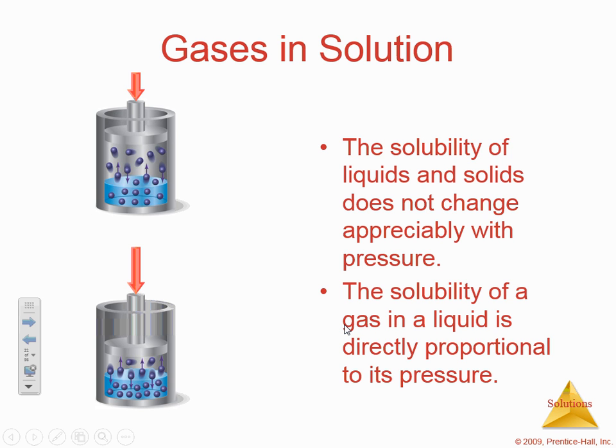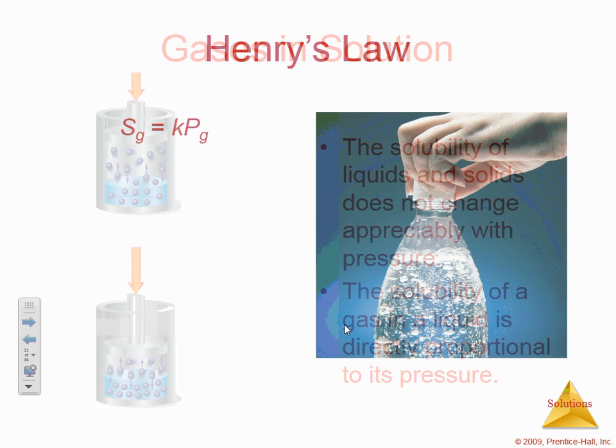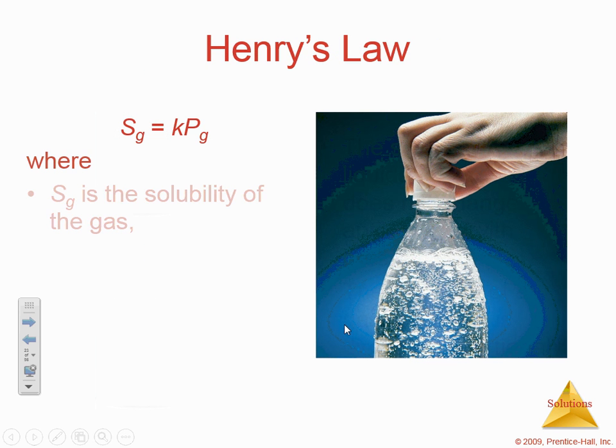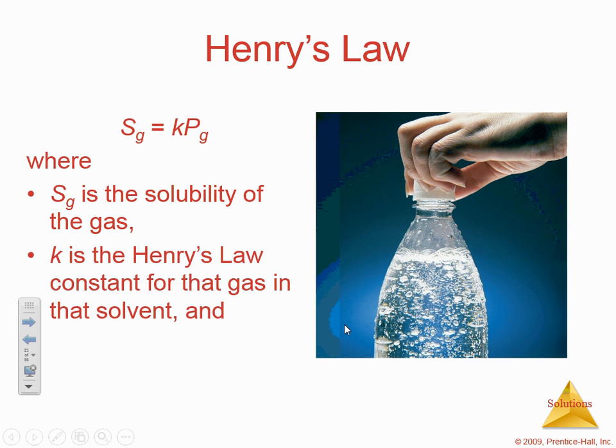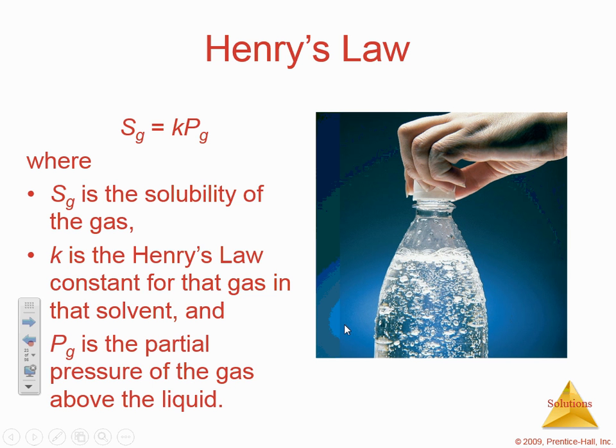So just an idea of gases: their solubility is related to pressure. And there's an equation to figure out the solubility of a gas: Sg equals K times Pg. Sg is the solubility of the gas. K is a constant, which you never have to look up, because constants are always given to you.